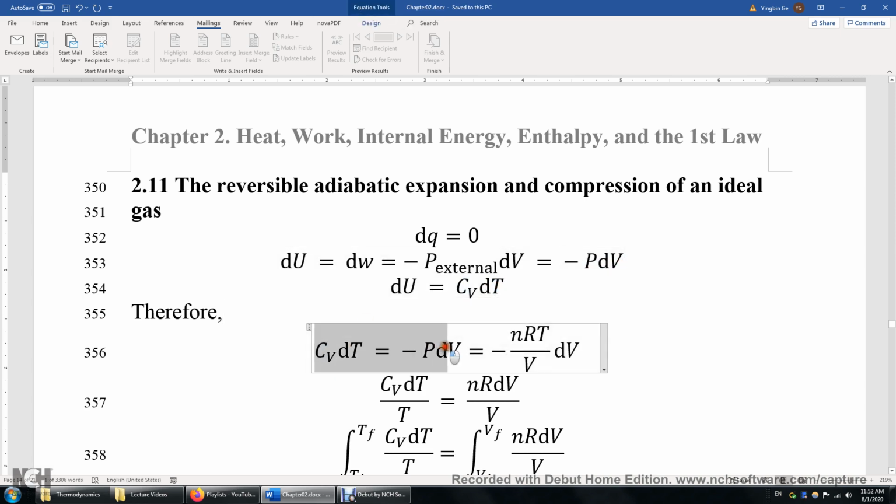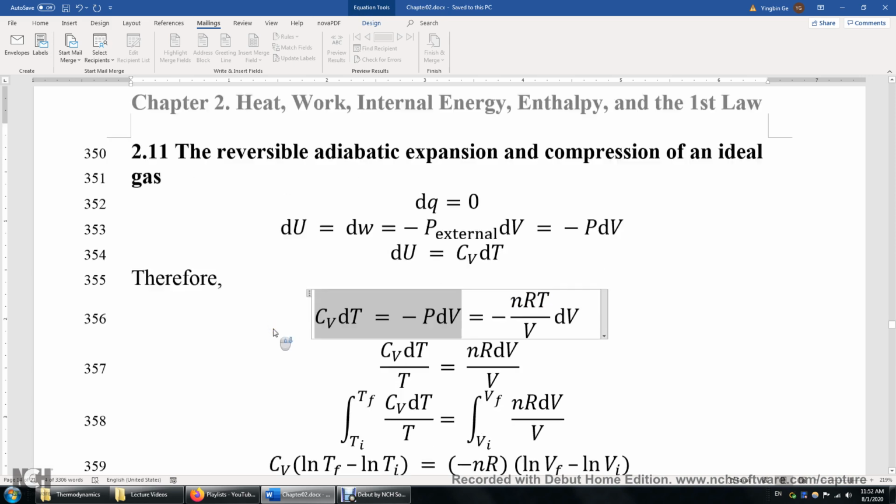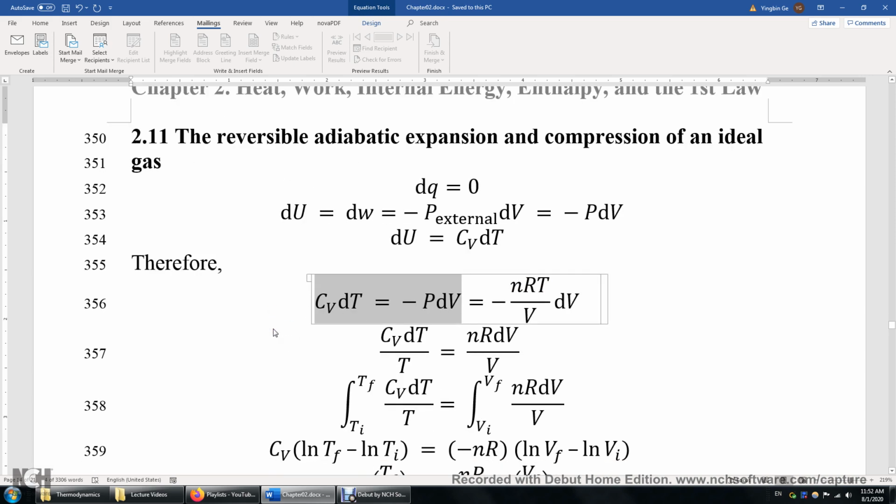So over here, do we integrate both sides right now? Do not do that, because pressure is not only a function of volume but also a function of temperature. We cannot integrate these two sides yet.